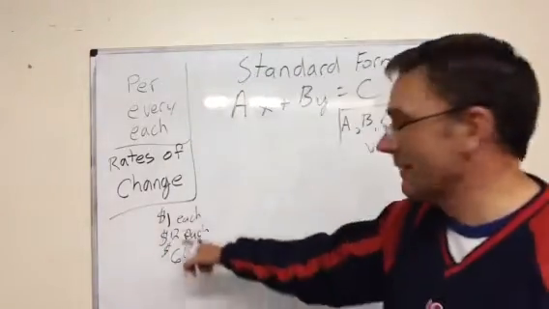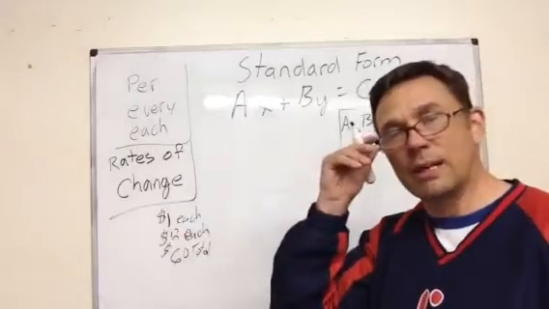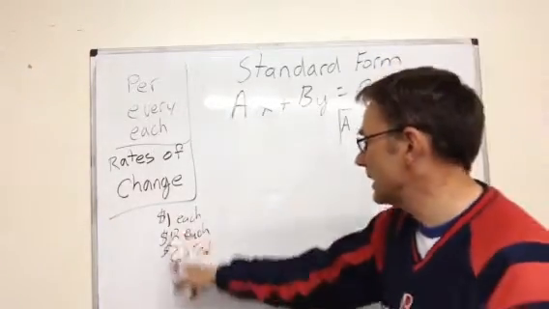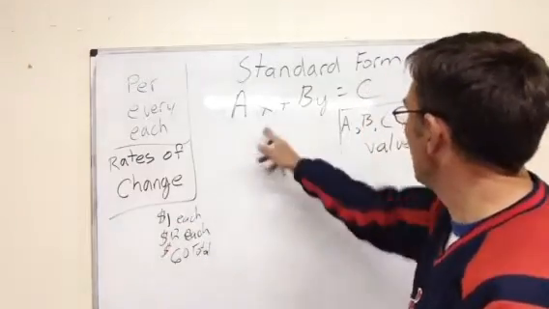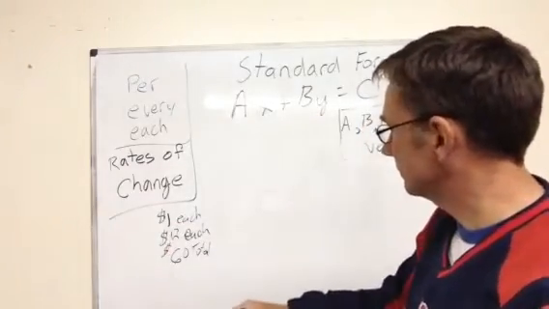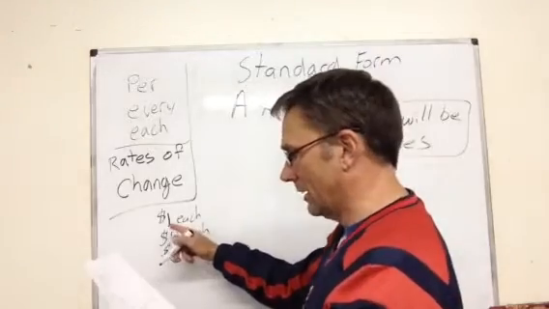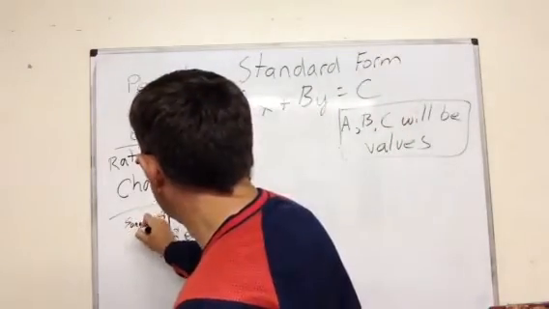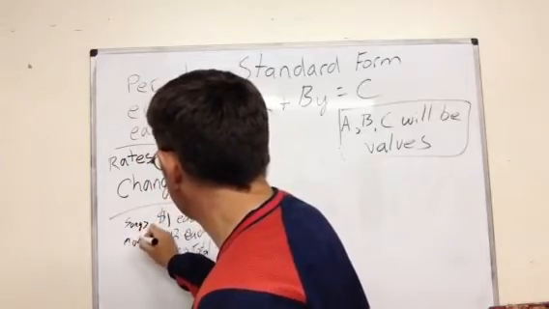Now if you notice, everything is in dollars. That's going to make a lot more sense when we start talking about systems of equations. But keep that in mind, they're all in dollars. So now we want to write it in this form, with the songs and the movies.